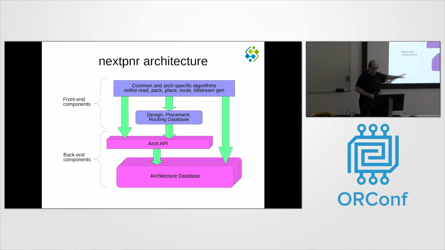And then those architecture APIs, or the functions behind these APIs, will then access the actual architecture database. And again, you can see we have even more architecture databases than we have implementations of the API, because, for example, for ICE40, we have one implementation of this architecture API, but then for each device in the ICE40 series, we have another database file.